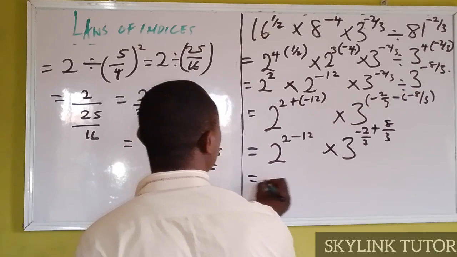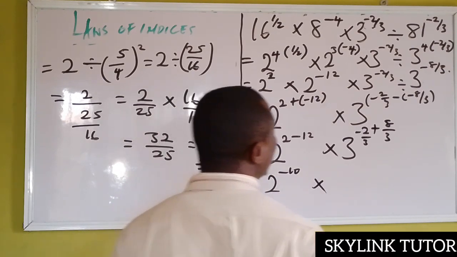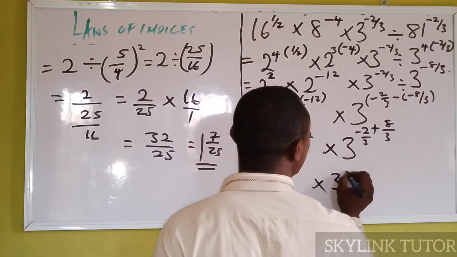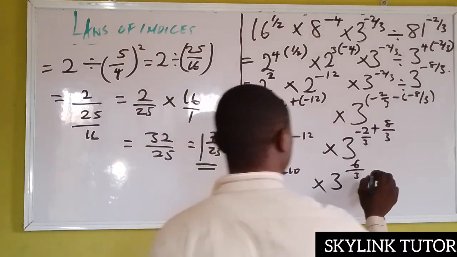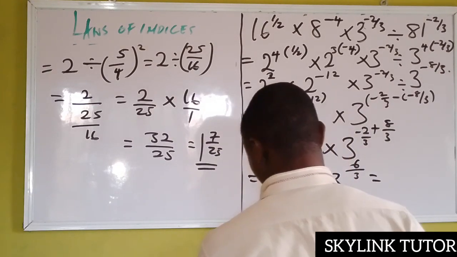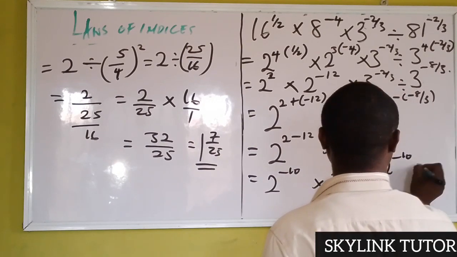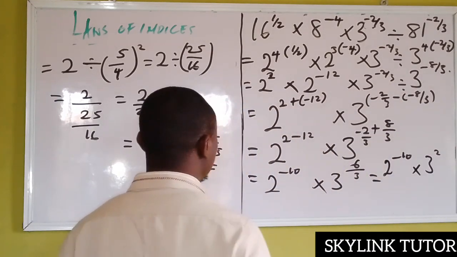So in the long run, we are going to have 2 raised to the power minus 10 times 3 raised to the power 6 over 3. So our solution here is now going to be 2 raised to the power minus 10 times 3 squared. Is that also okay? Yes.